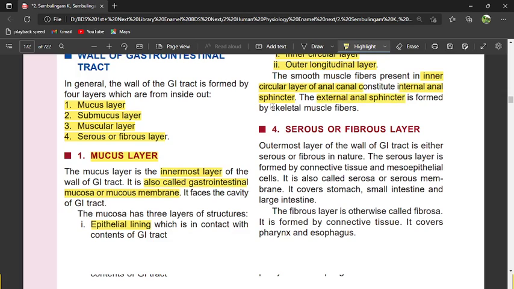It is correct, right? See, suppose feces, if your undigested food wants to come out, it may come and give you a signal, but your outer anal sphincter is under your control, man.